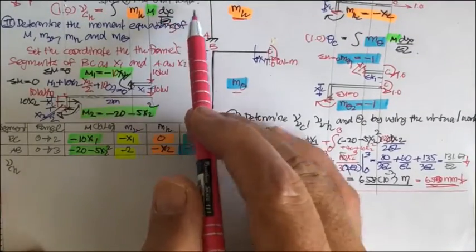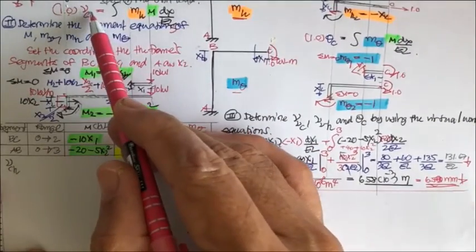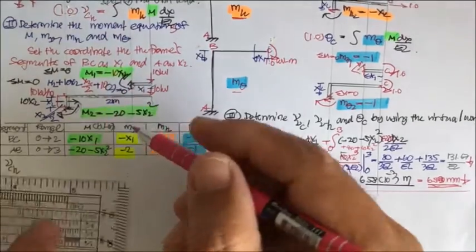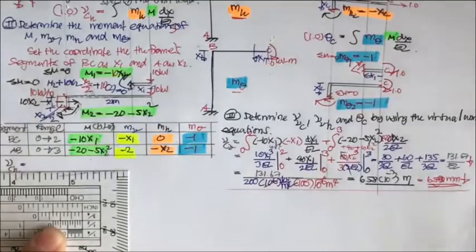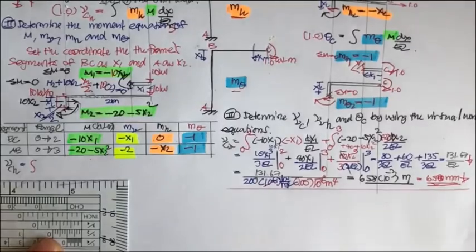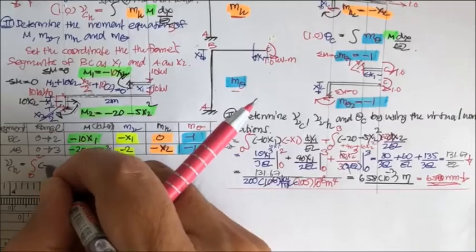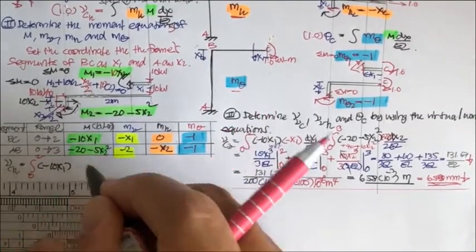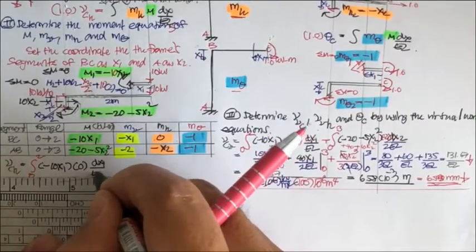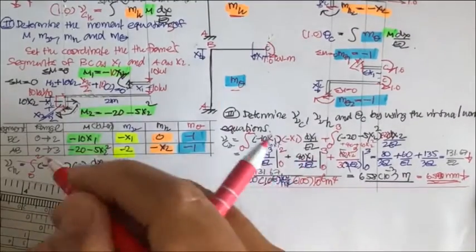Okay, next we're going to take the second of this, the equation between the green and the orange, to determine the horizontal displacement of C. That is going to be equal to, first as before, the integration from 0 to 2 of minus 10x1 times 0 dx1 over EI. This one is gone, it's going to be 0.